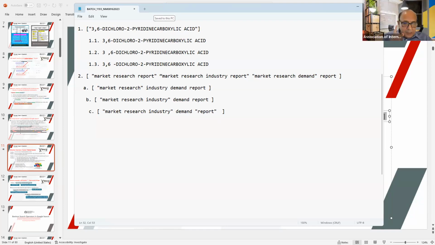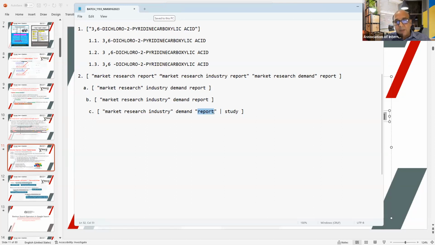So for or, let's suppose I use a symbol, vertical bar. It's easy for me. And I say report or study. Here, when you are using the or sign and you are using the quotation marks, the word report does not become a mandatory return. Remember that. That's a rule we're going to get to later.